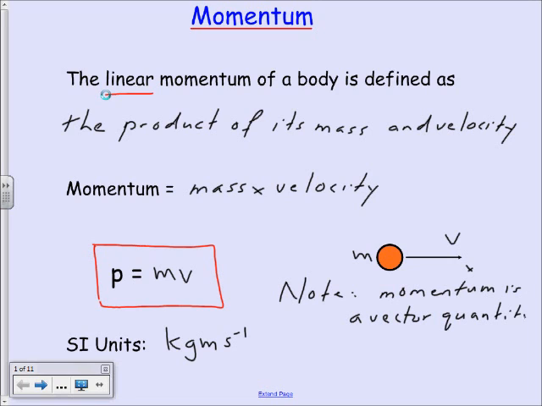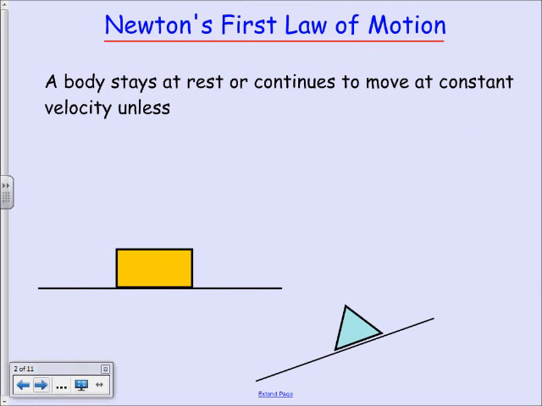And earlier in the year, we looked at vector subtraction in terms of working out change in velocity. This is another place where we will use vector subtraction a bit further through this topic in terms of change of momentum.